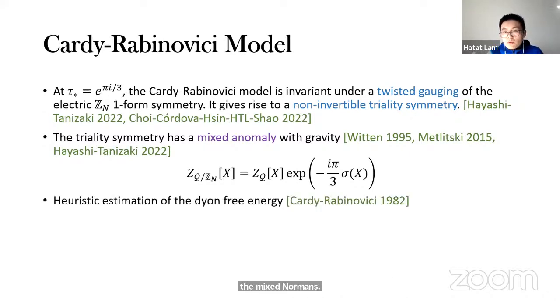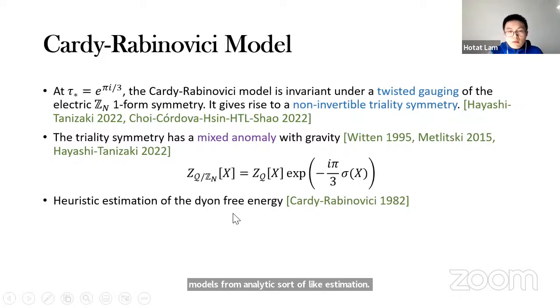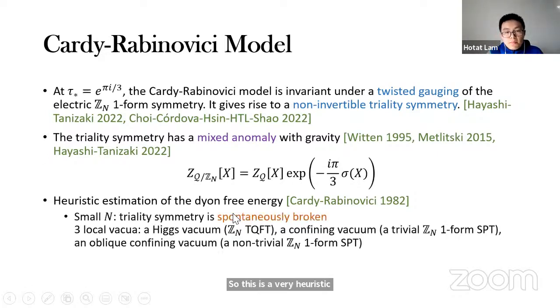So let me say something about what is the expectation of the Cardy-Rabinovici model from analytic estimation. This is a very heuristic argument, by no means an exact proof, but this gives us a rough idea of how the phases could be. So at small n, triality symmetry is spontaneously broken. What happens is that at the triality points, there are in total 3 local vacua. There's a Higgs vacuum where the electric matter condenses, and then it gives us a ZN TQFT.